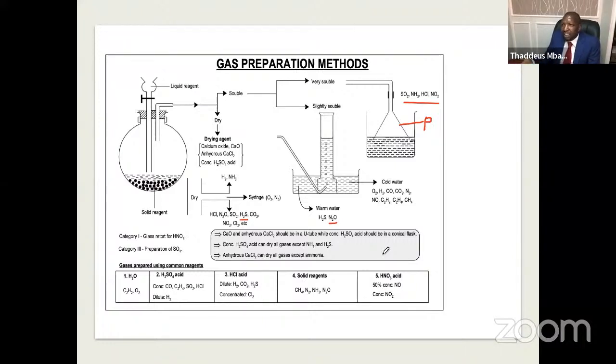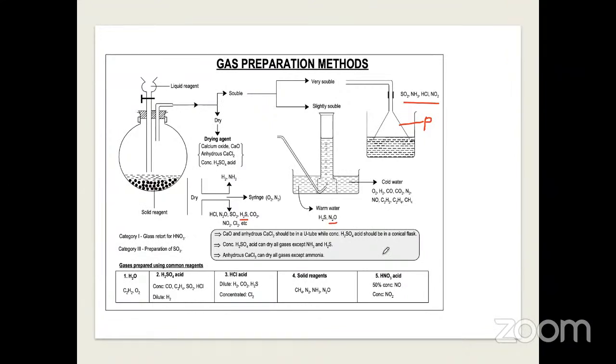Then they tell you, identify a suitable drying agent that can be used as drying agent Q. Some students will say calcium oxide. Remember, if you see a U-tube, it's either going to be calcium oxide or anhydrous calcium chloride. If you see a conical flask, it's just going to be conc sulfuric acid. Are we together?